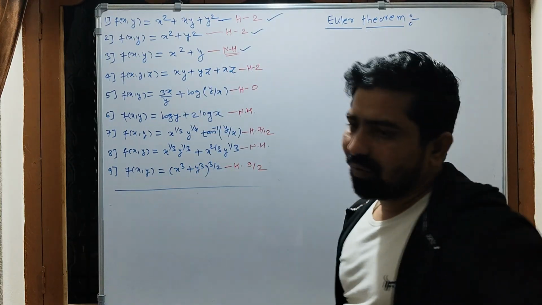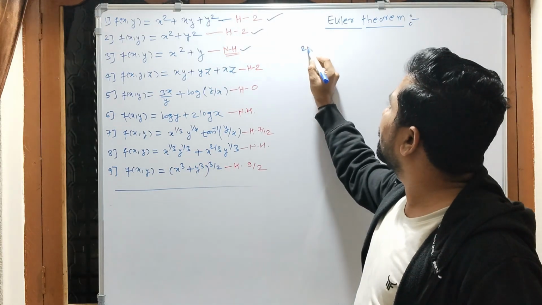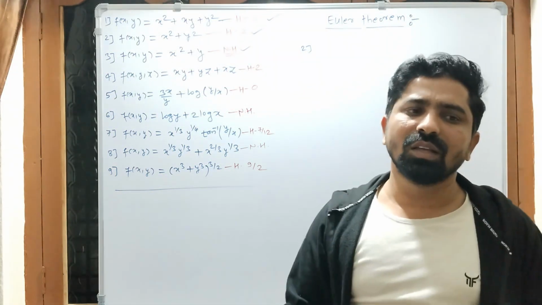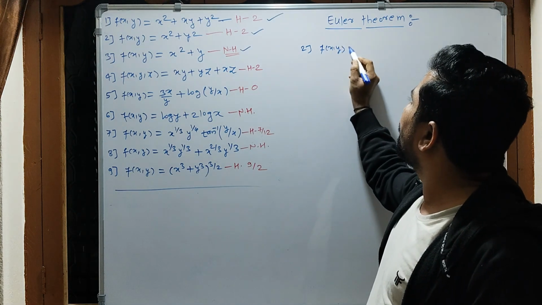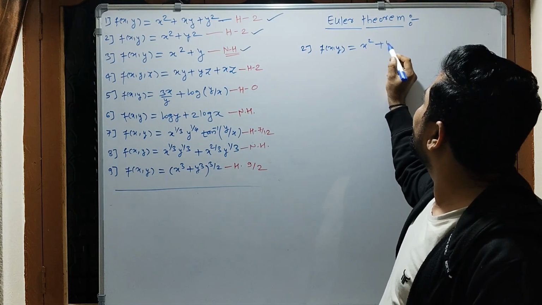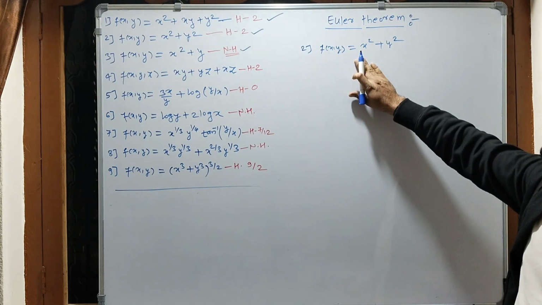Now I want to verify the Euler theorem for this function. Let's say f of x comma y equal to x square plus y square. Of course, this is a homogeneous function of degree 2.